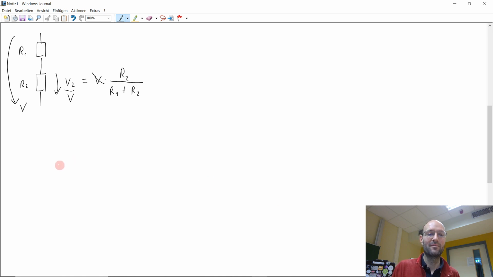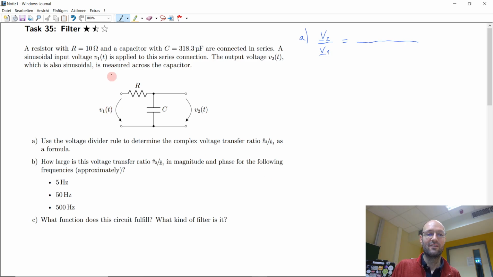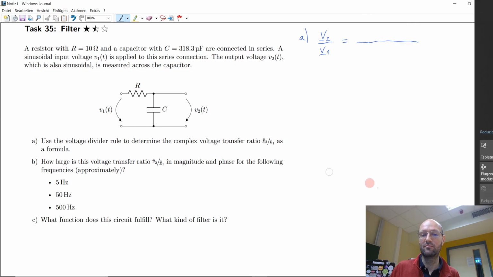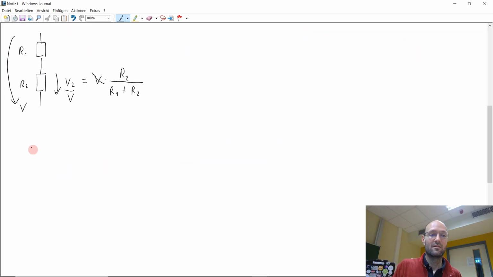And so if you remember, we said that our sinusoidal voltage V of t was something like some amplitude and then some sinusoidal function that depends on omega times t and phi.